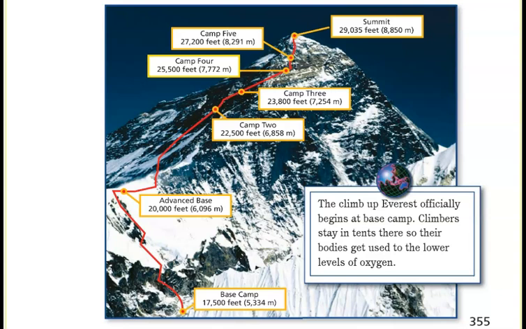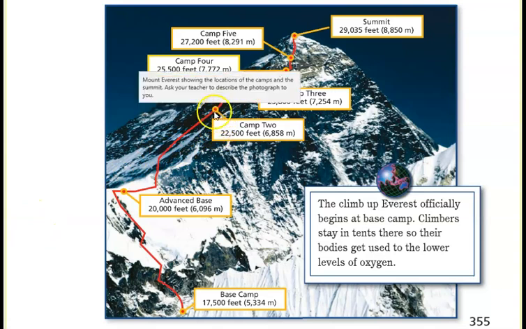Okay, so this gives us a really good visual of the different camps. So this is base camp down here. This is at 5,334 meters or 17,500 feet. So that is where they start. That's where they officially begin their climb. And then it looks like the next base is at 20,000 feet or 6,096 meters. That's the advanced base. And then from there, oh, that looks like a long trek, guys.